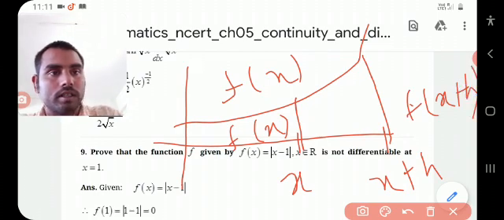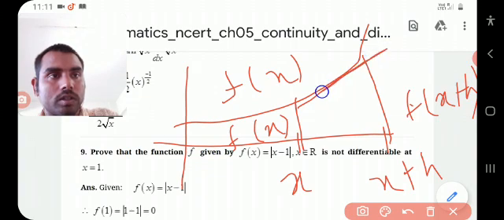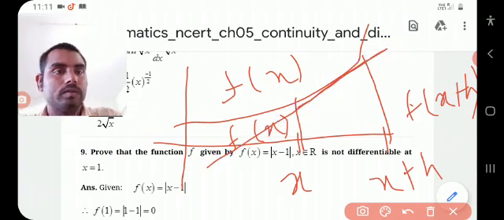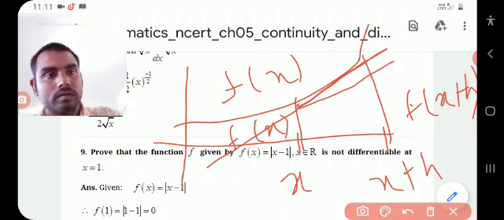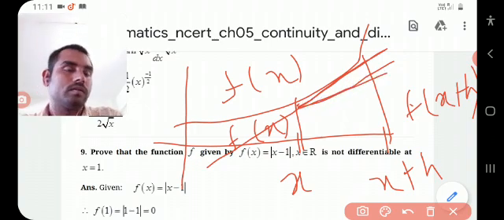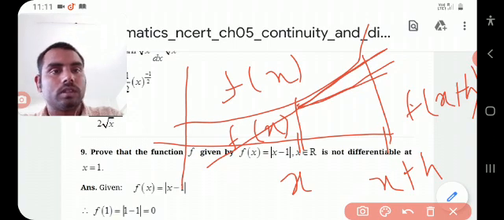Okay, if we draw a line joining the two points, we get this one. If this line makes the angle theta, this is also theta.